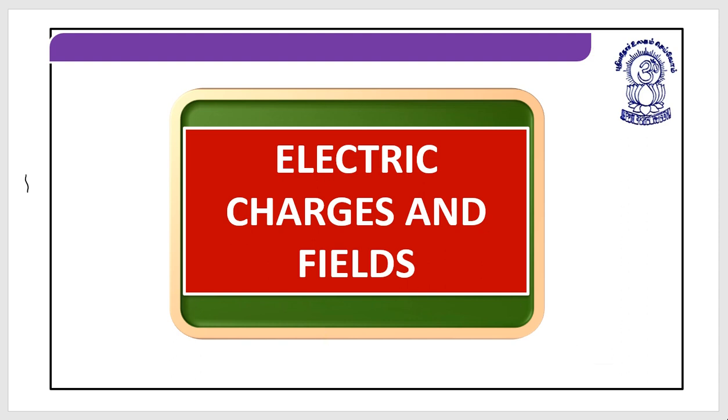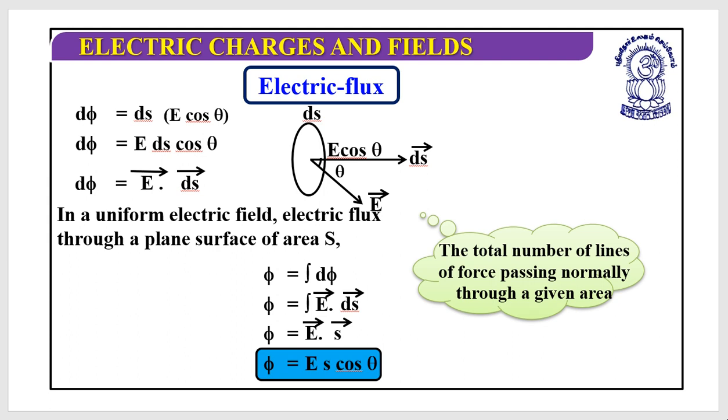Today we are going to discuss electric flux. So let's begin with the flux. What is it? First, we can say that it is the total number of lines of force passing normally, mind this word, normally through a given area.